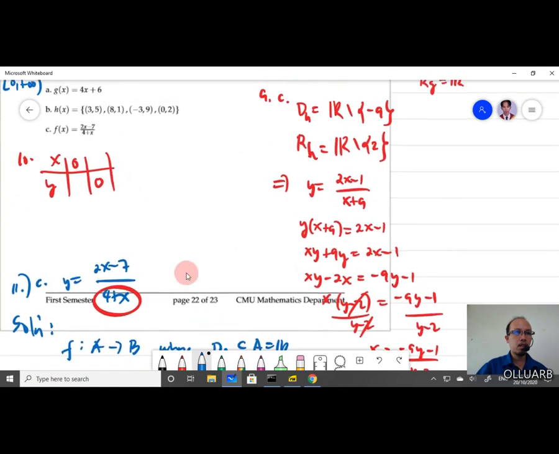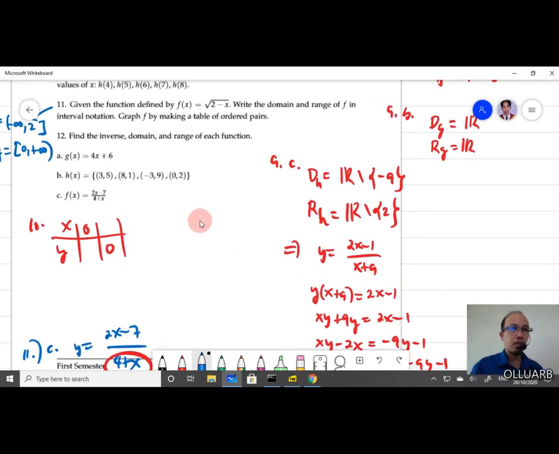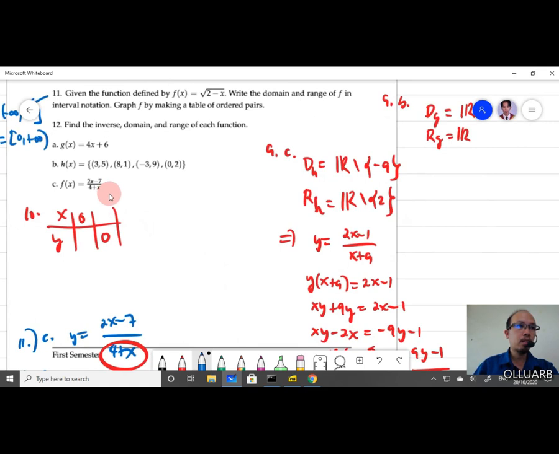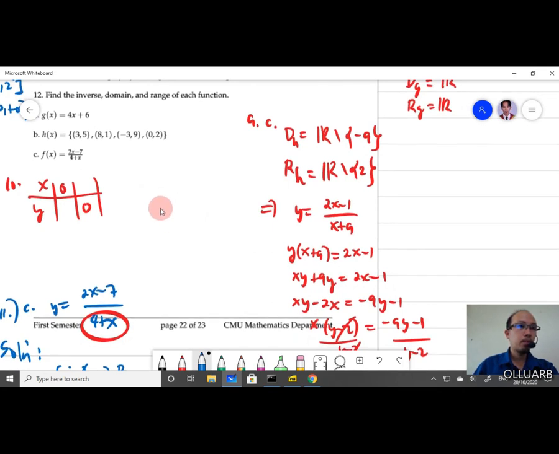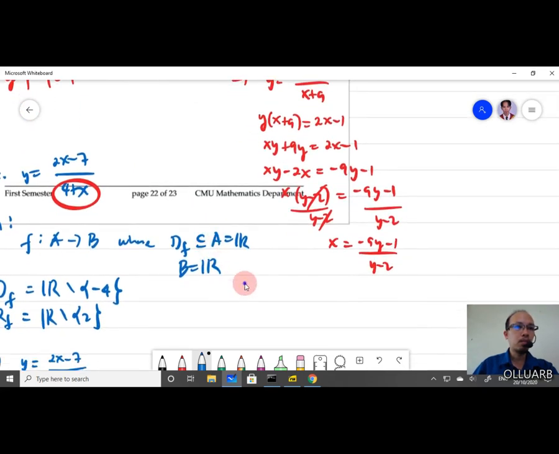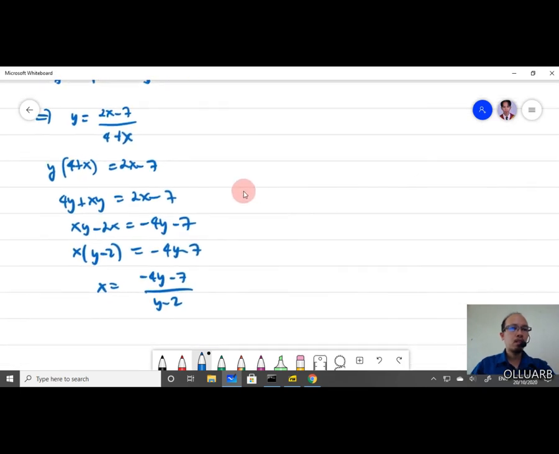But there are times when teachers assume that the range and the codomain are equal, meaning the function is onto and also one-to-one, therefore you get the inverse of this function directly by assuming that the function is one-to-one and onto.